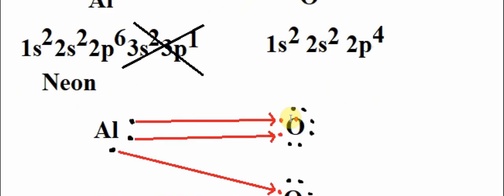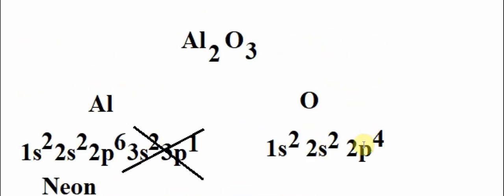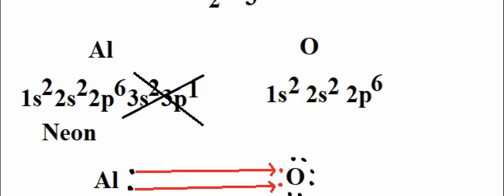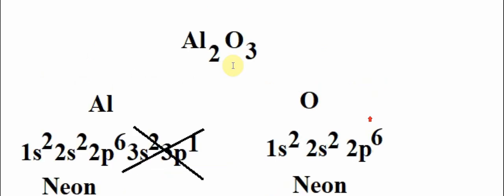In the oxygen, because it receives 2 electrons in here, the 2p4 will now become 2p6, and this is also the neon configuration. So after the aluminium shares 3 electrons and the oxygen receives 2 electrons, they become the neon configuration to stay stable when aluminium and oxygen meet together.